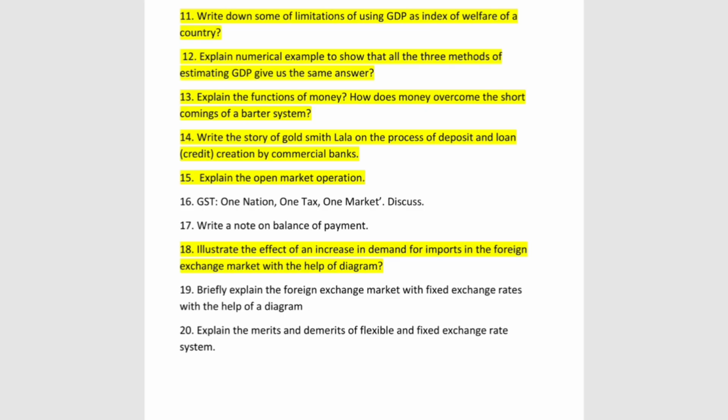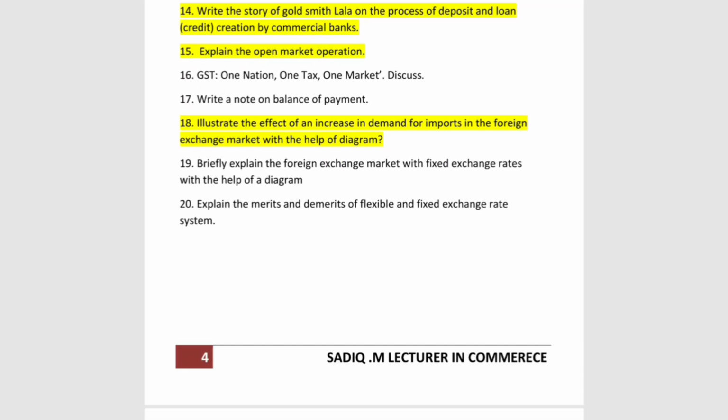After that, I have taken briefly explain the foreign exchange market with fixed exchange rates with the help of a diagram. The next question which I have taken is explain the merits and demerits of flexible and fixed exchange rates.